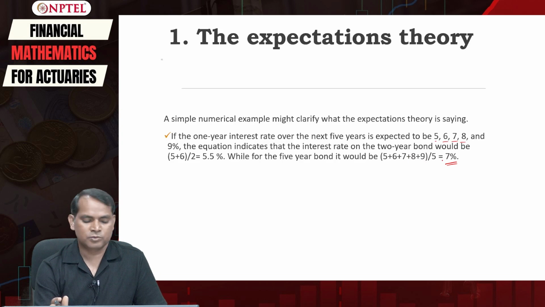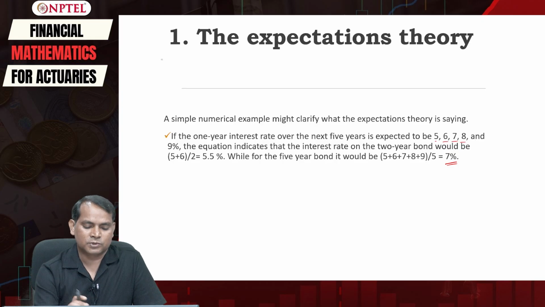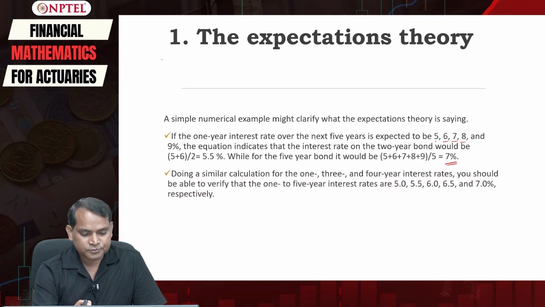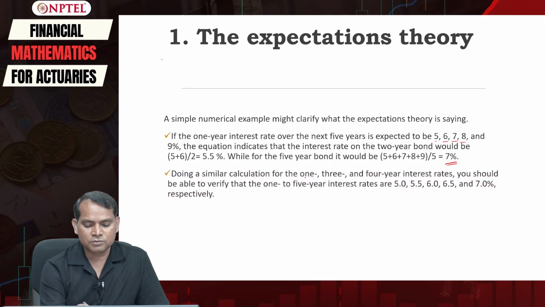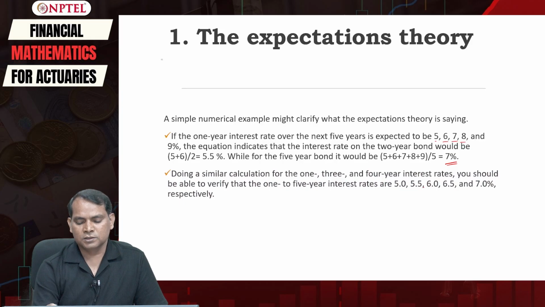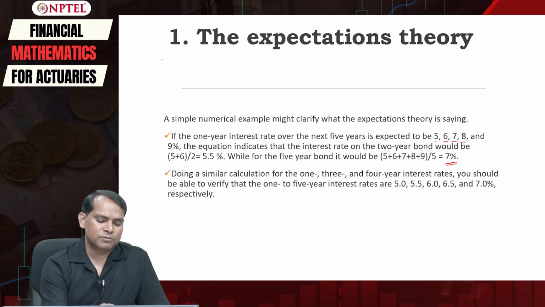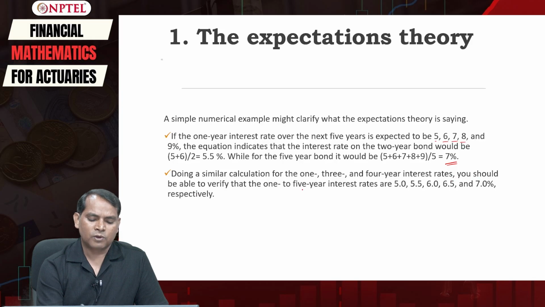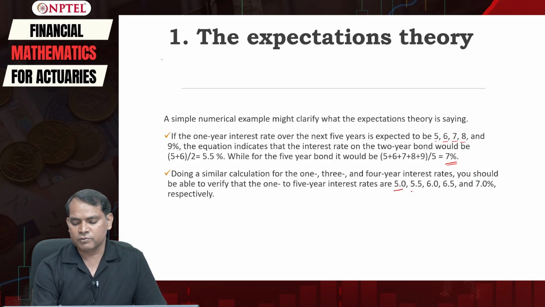Similarly you can compute it for the 3rd year and 4th year. Doing a similar calculation for the 3-year and 4-year interest rates, you should be able to verify that the 1 to 5 year interest rates are 5%, 5.5%, 6%, 6.5% and 7% respectively.